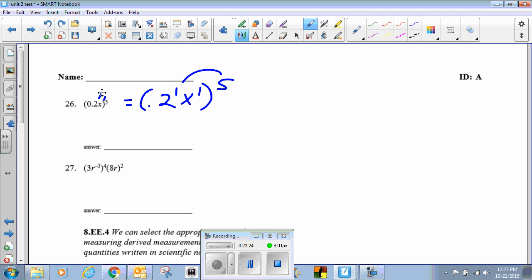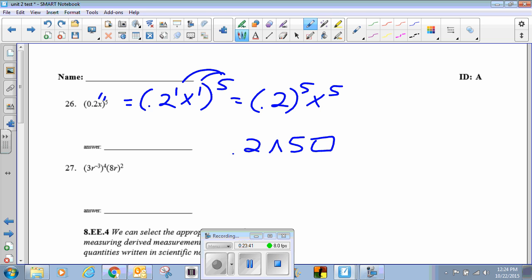So I need to distribute that power, just like it says in our toolkit. So that gives me 0.2 to the fifth, x to the fifth, and then I just go in my graphing calculator, 0.2 to the fifth power, enter.